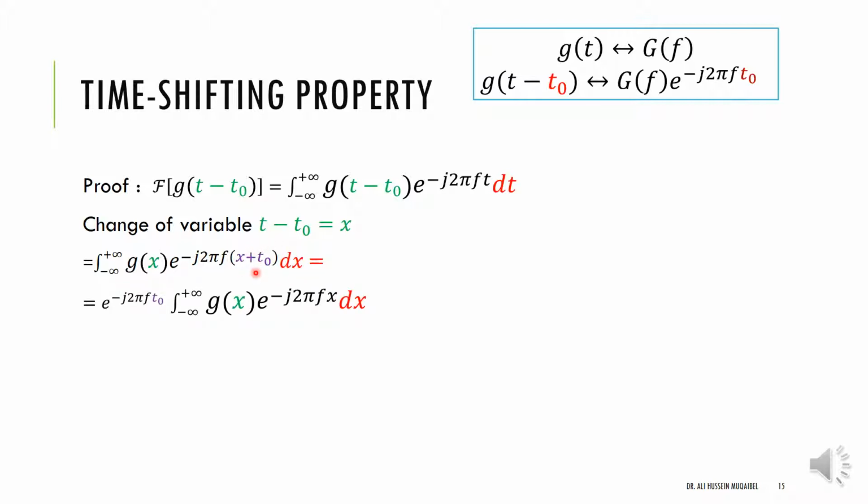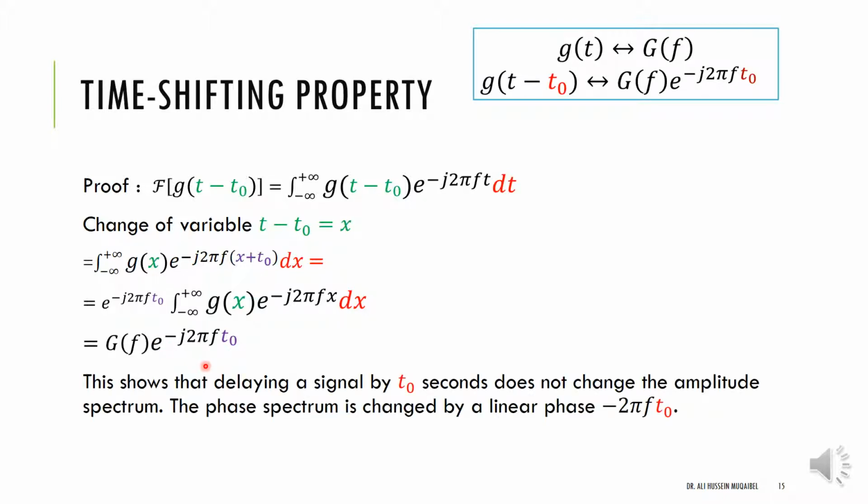So if we take this constant outside, we get this exponent multiplied by the Fourier transform. So we get the same Fourier transform scaled by a linear phase shift. This shows that delaying a signal by a constant time, in seconds, does not change the amplitude spectrum. The phase spectrum is changed by a linear phase.